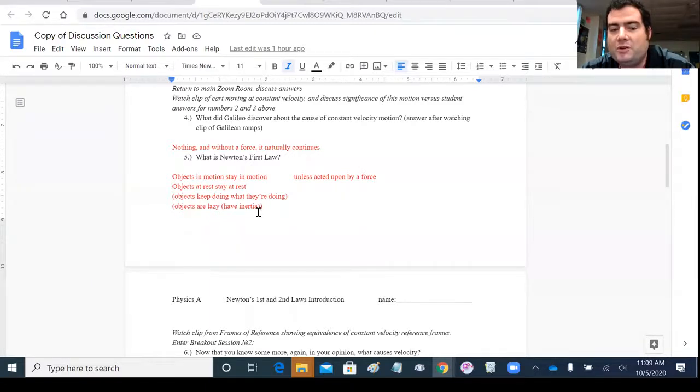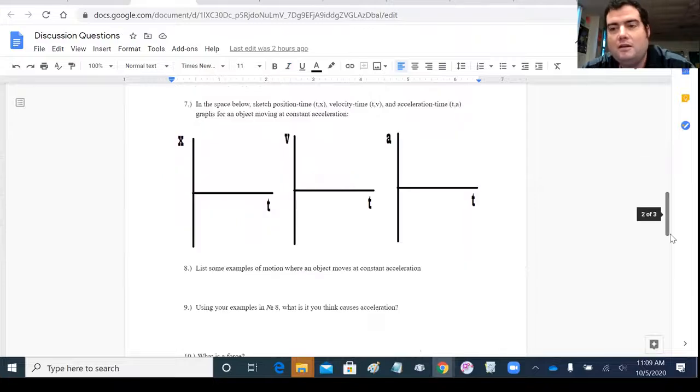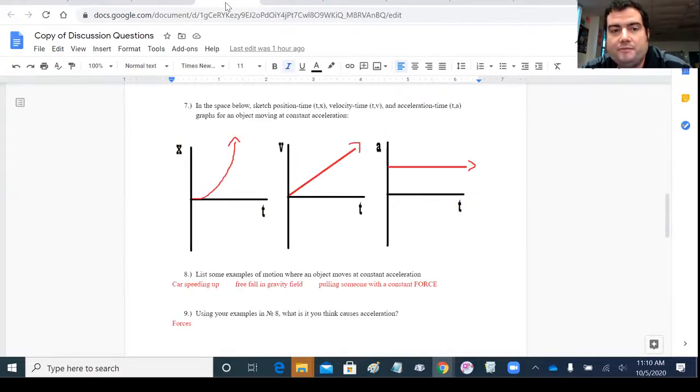So what we need to do now is look at what happens when we put forces on different objects. I put students into breakout rooms again, and I asked them to sketch the graphs for constant acceleration motion, because that's the kind of motion we'll have when there are forces. And this is what they came up with.